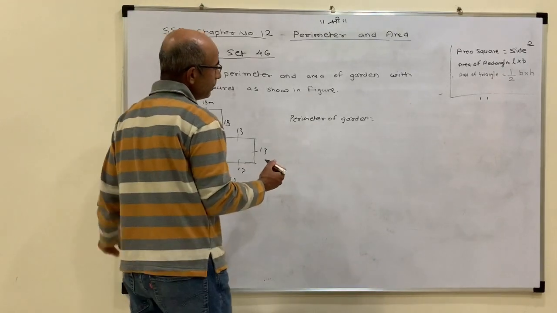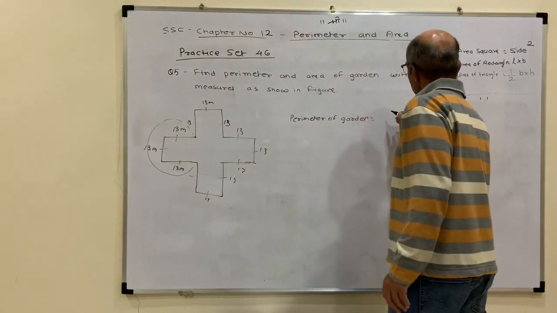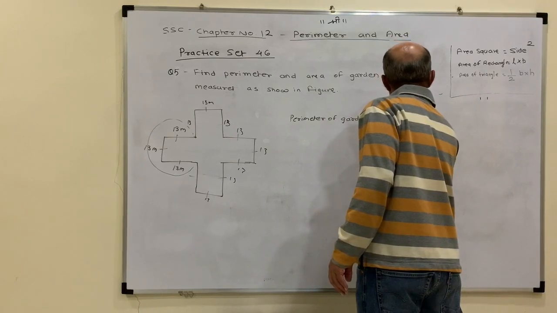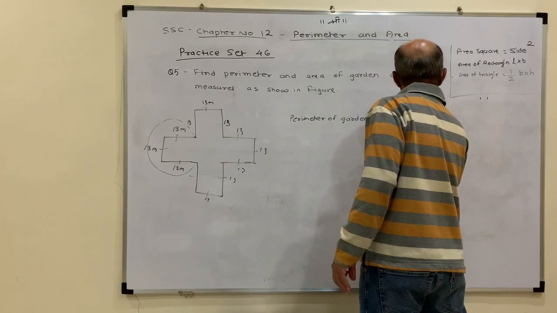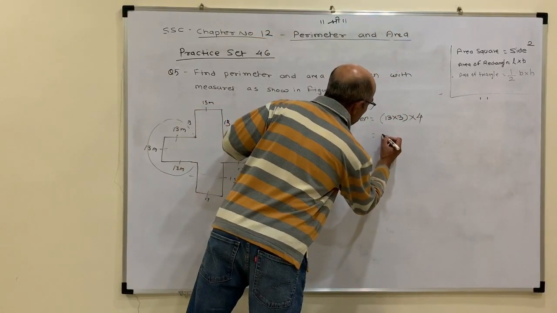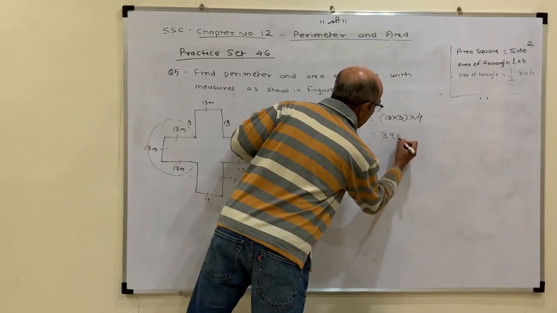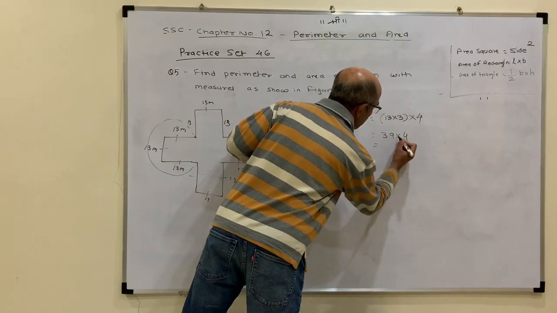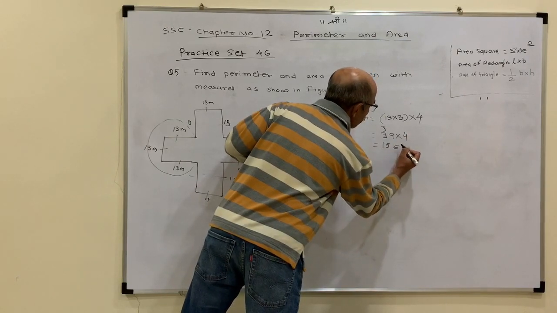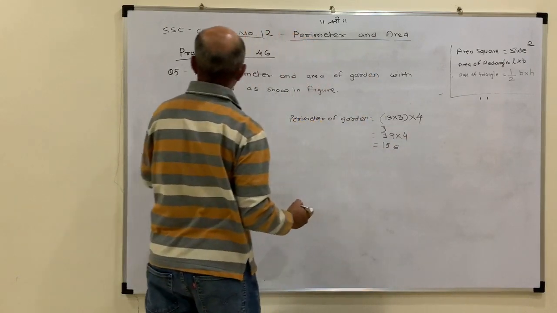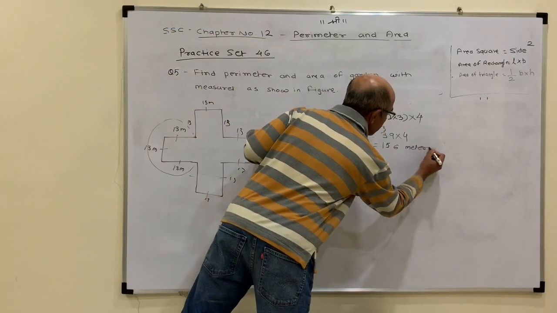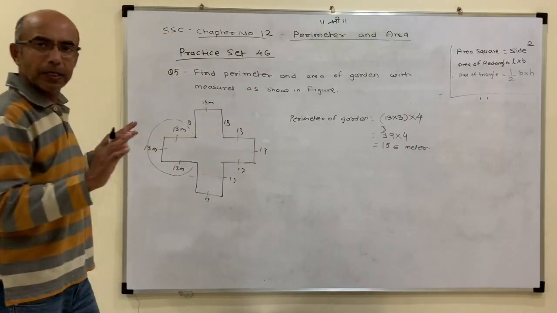So the perimeter of the garden equals 13 into 3 into 4. 13 threes are 39, into 4: 9 fours are 36, 3 fours are 12 and 1, 156. The unit is meter, 156 meters. So the perimeter part is sorted.